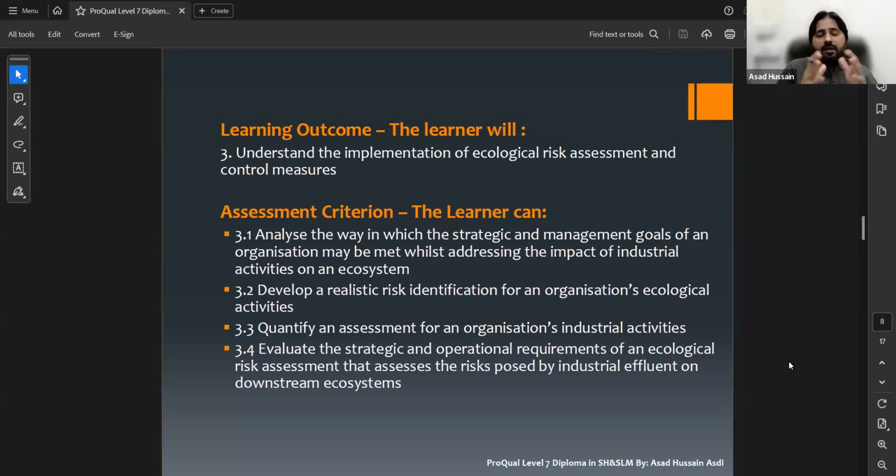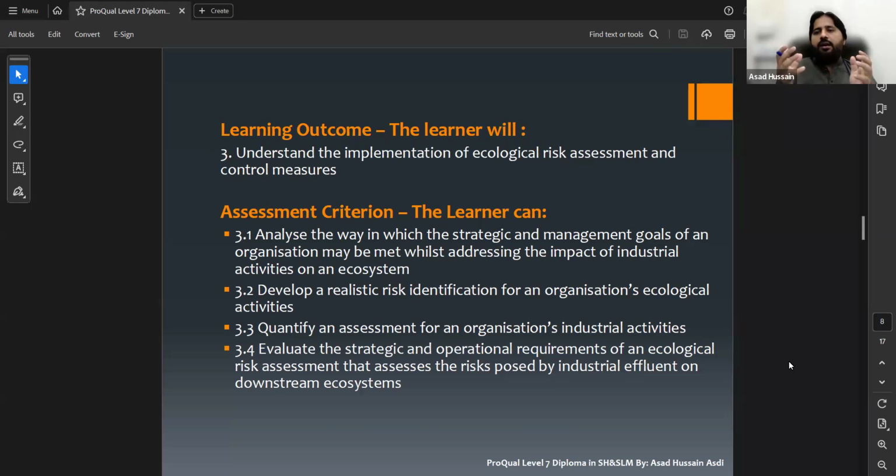Definitely, if there is a generic risk assessment, and the support and commitment is not shown from top management in the form of a strategic plan, strategic management, then it will not work in the case of an ecological system. So basically, you have to evaluate the strategic and operational requirements for ecological risk assessment.